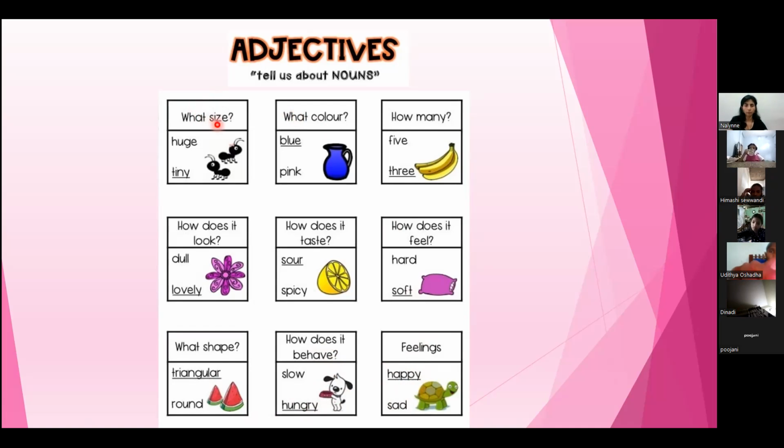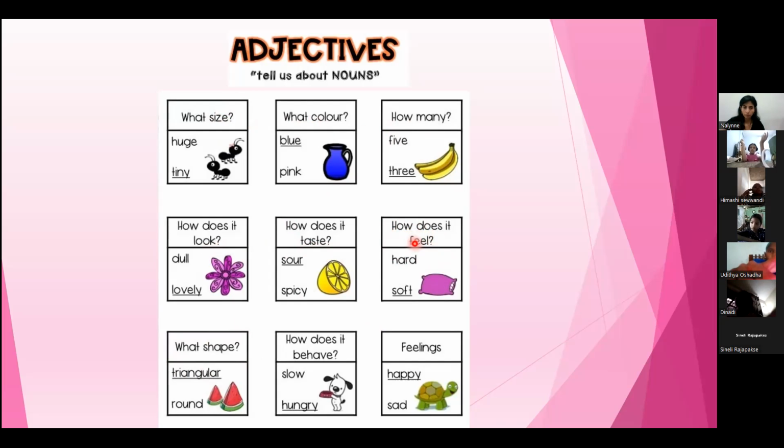So let's look again. Adjectives help us to know the size, the color, the quantity, the look, the taste, the feeling, the shape. Here, sorry, can I backtrack a bit?